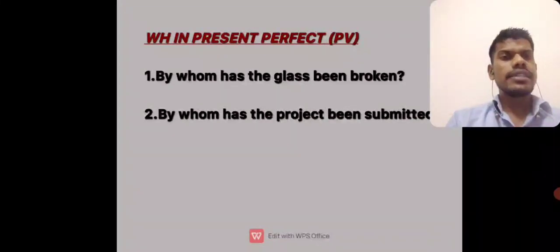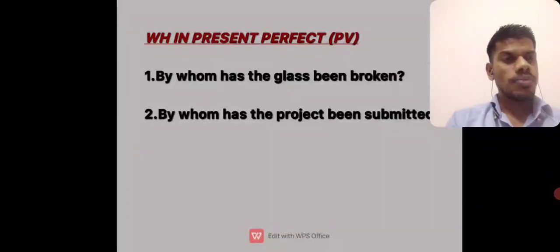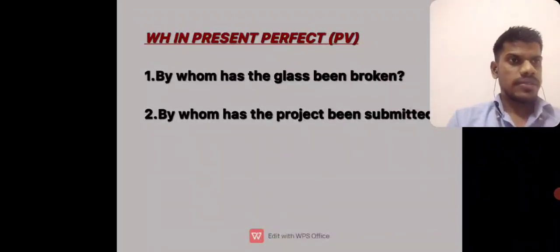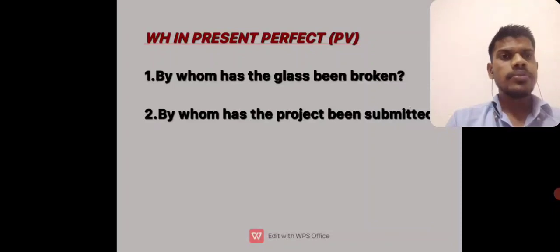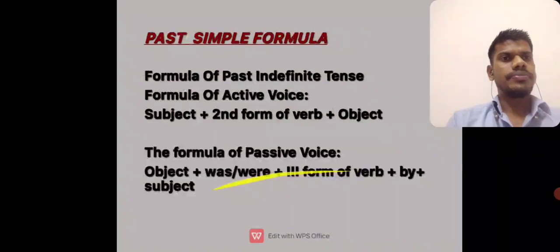Then second sentence, by whom has the project been submitted? See here, in the second sentence we have used has. We are talking about this project. The object is singular, so I have used only has. In place of project, if we find projects, then we have to use by whom have the projects been submitted. But here we cannot use have, since the object is singular, that is a project.